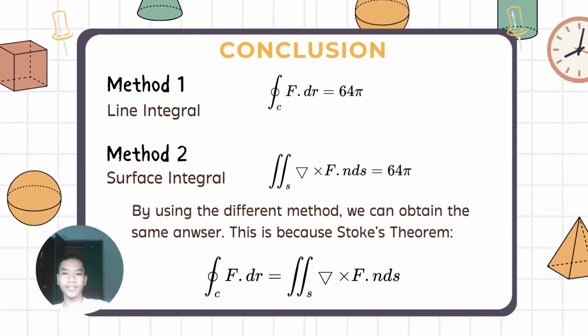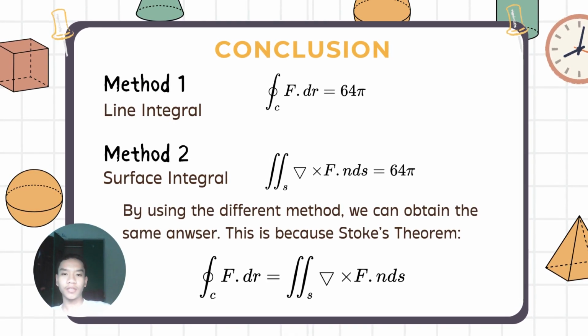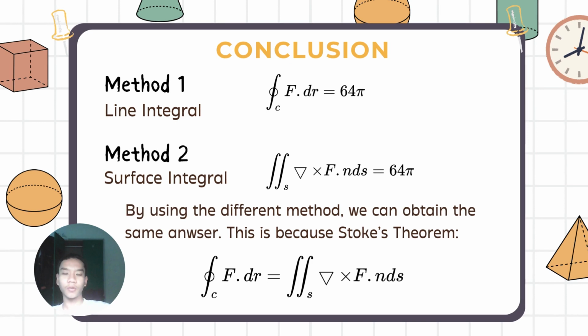And that's it, guys. We made it to the conclusion. By solving this question using method 1, which is line integral, we get 64 pi. And also solving this question using surface integral, we also get 64 pi.